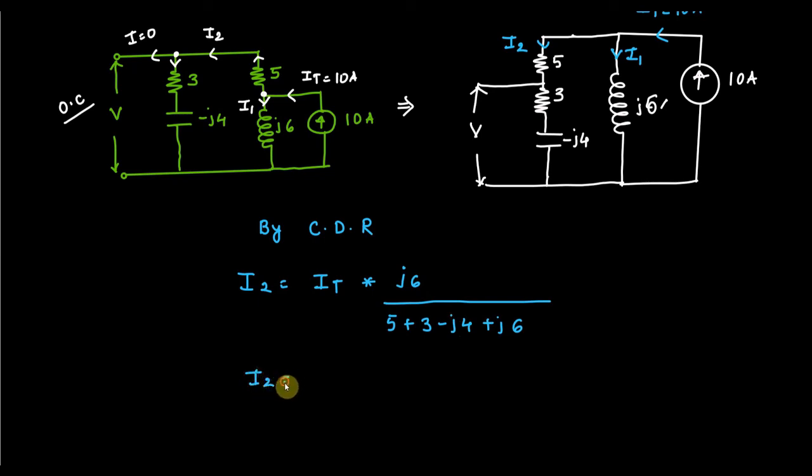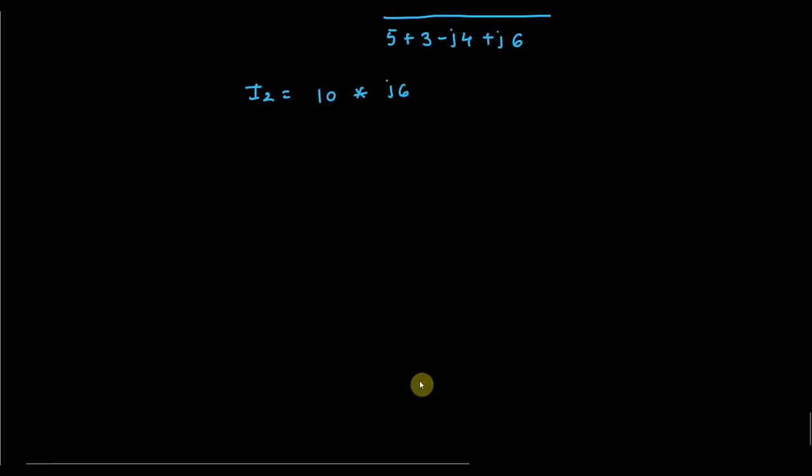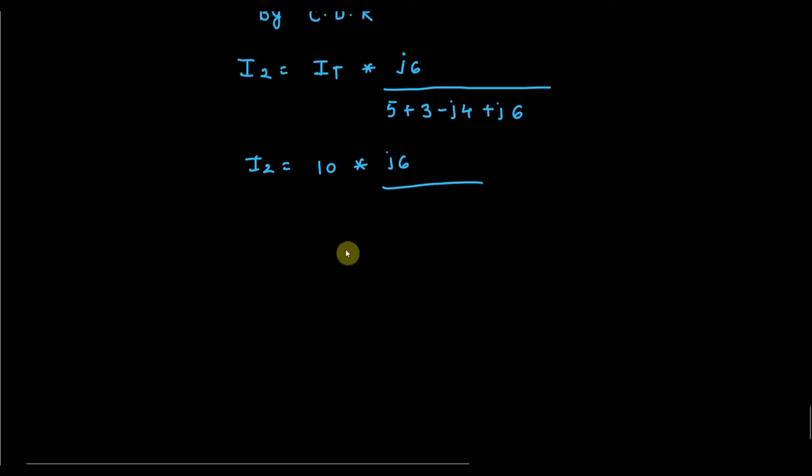Substitute the value. What is the value of IT? It is 10 multiplied by J6, divided by 5 plus 3, which is 8, plus J2.